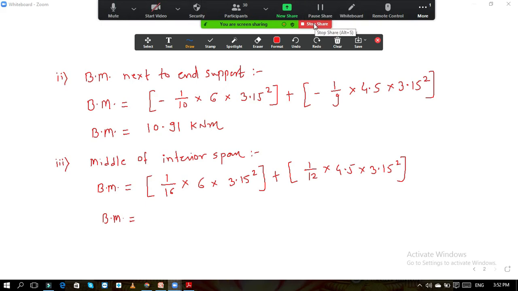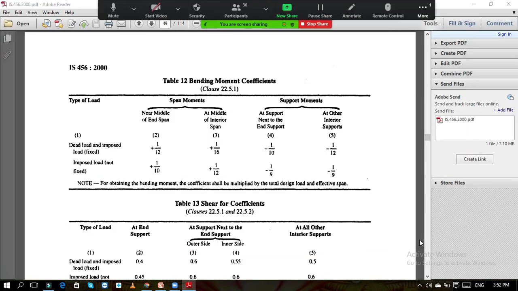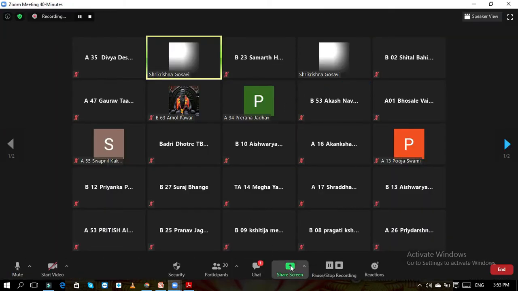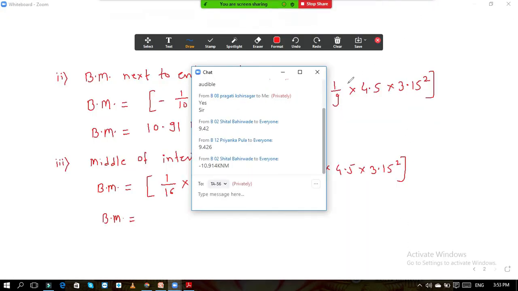So till now I will see the next coefficients. So 1 by 16, 1 by 12, it is for interior span, and at interior supports minus 1 by 12, minus 1 by 9. What is the answer?